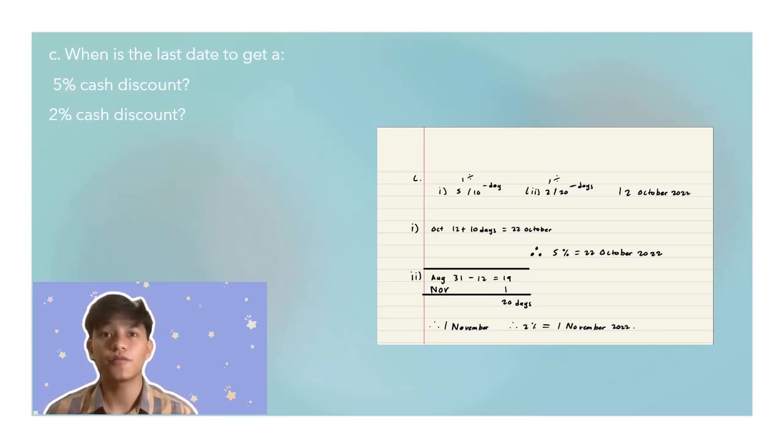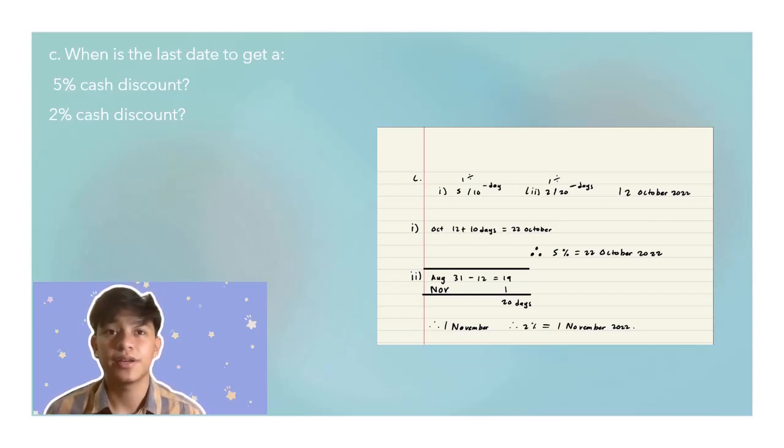That means from 12 October we count 12 plus 10 is 22 October 2022.